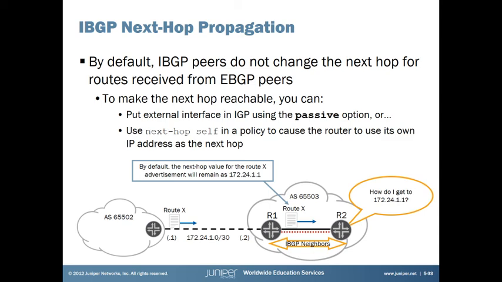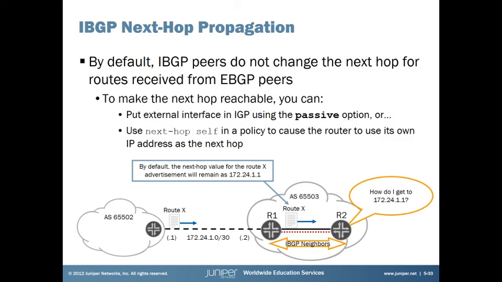The next hop for that routing information will be the IP address of the physical interface that it is peering with over there in autonomous system 65502. In this case, that address is 172.24.1.1/30.